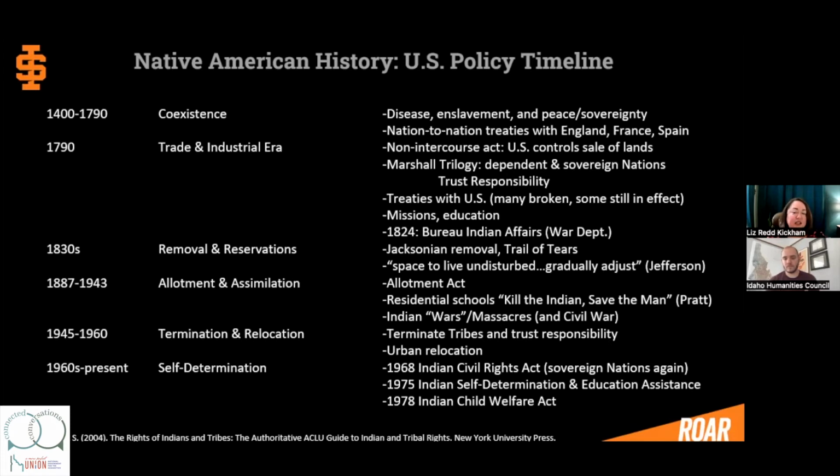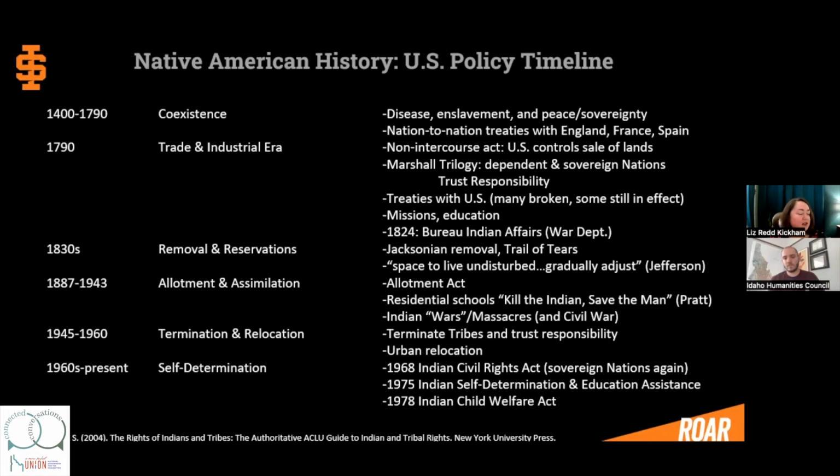And then in the 1960s to the present, we're in this era of self-determination, starting with the Indian Civil Rights Act. There's the Indian Child Welfare Act, the Indian Self-Determination and Education Assistance Act. And during this time, Native nations' governments were re-established under reorganization.